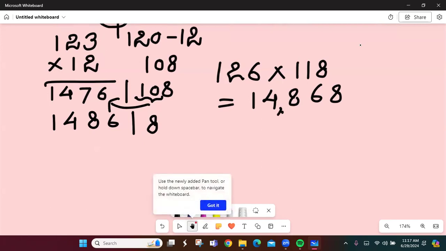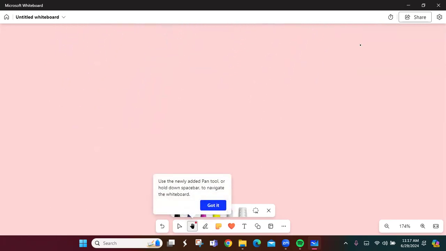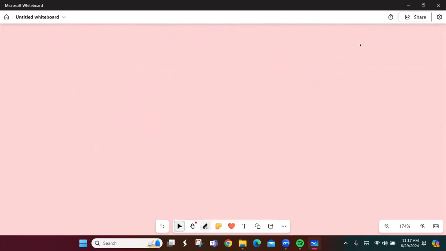So let us do one more problem that will give you more confidence. So in the second problem, it makes clear how to select a proper standard base and non-standard base. Even though for 126 and 118, the standard base is 100, I will not take 100 as the base.